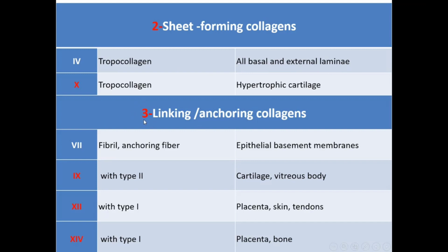And the third group is linking or anchoring collagen. One of them is collagen 7. We have this collagen in our basement membrane, attaching or anchoring the collagen type 3 of the reticular lamina to the basal lamina, and also other collagens.